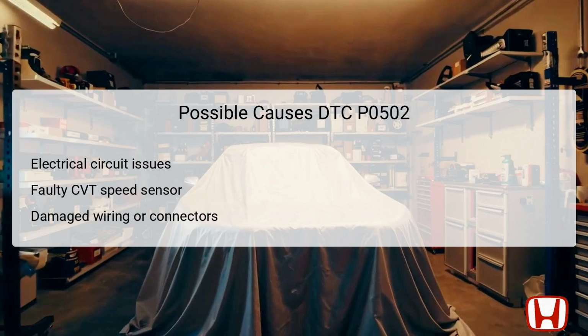If the sensor itself malfunctions or fails, it can lead to improper data transmission to the PCM. Additionally, damaged wiring or connectors can create inconsistencies in the signal flow, impacting the entire system's functionality. It's vital to thoroughly investigate these areas to isolate the exact problem and take necessary corrective measures.